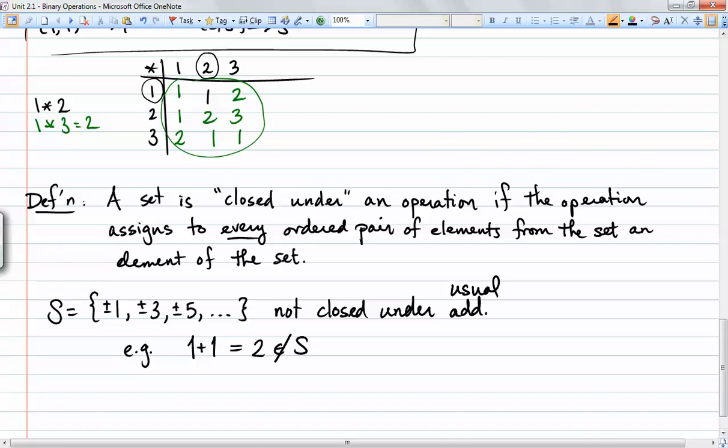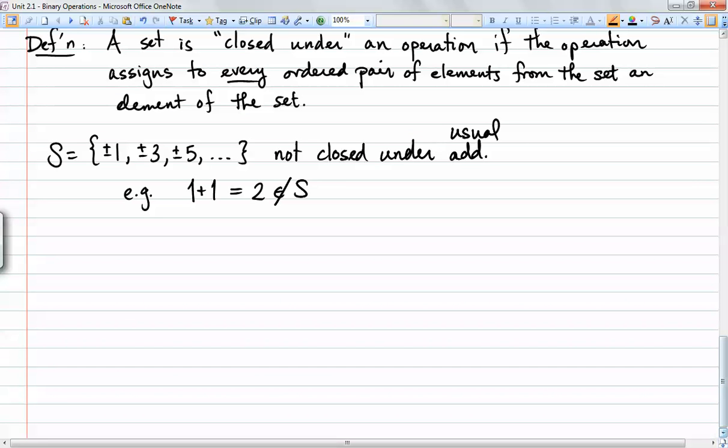Let's try this one. Example. So this was another example.